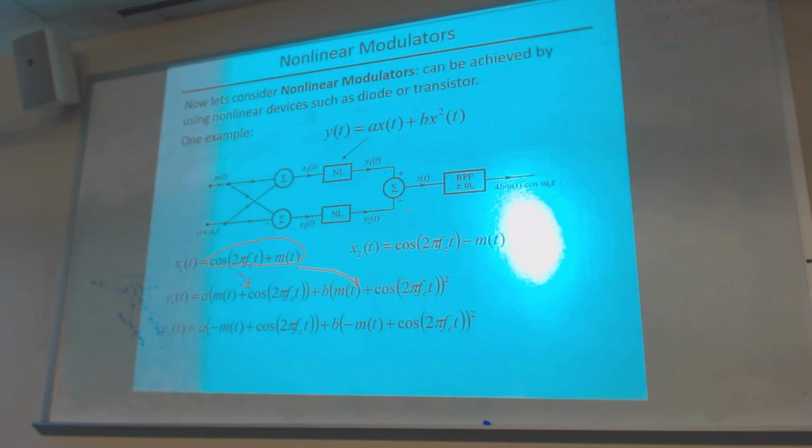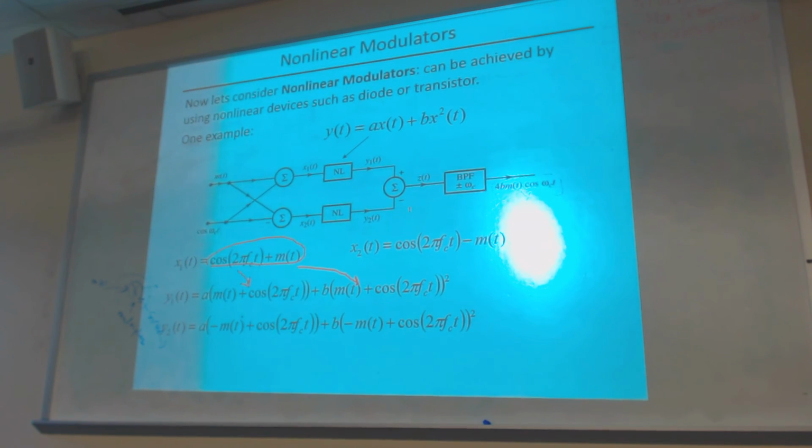Similarly, the output y2 is a x2 plus b x2 squared. If you just square these and do some very simple math, and eventually do the subtraction, y1 minus y2, please do this at home, it maybe takes 1 minute.